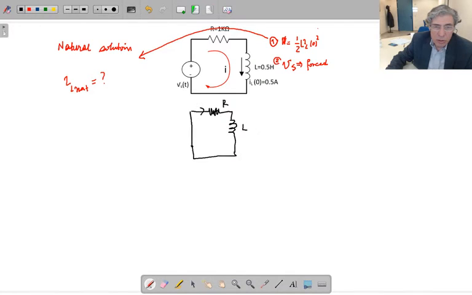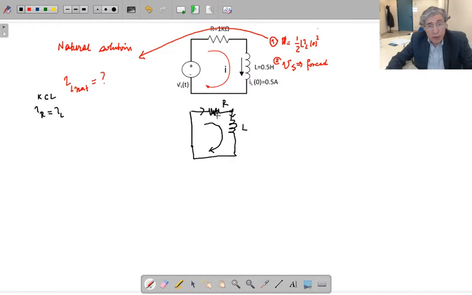They are in series, so the currents are the same. If I choose a loop direction like that, I know IR equals IL. If you write the current law equation for this node, you get this. You remember that the series elements' currents are the same, so that is another way of explaining it.